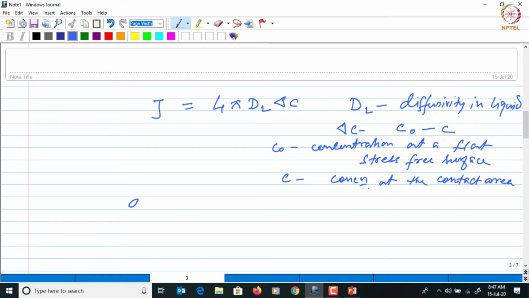And the rate of material removal dV by dt is given as delta L into J, where delta L is the thickness of the liquid bridge. Replacing J over here we get dV by dt equal to 4 pi D_L delta L delta C.